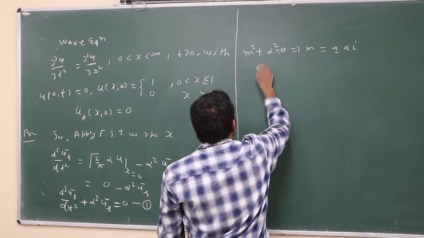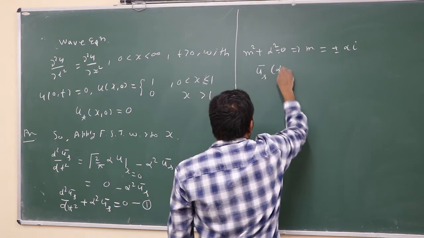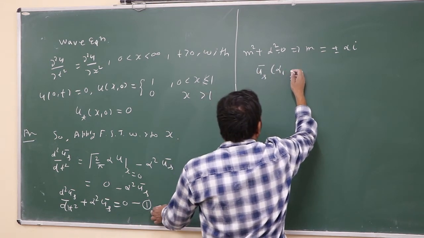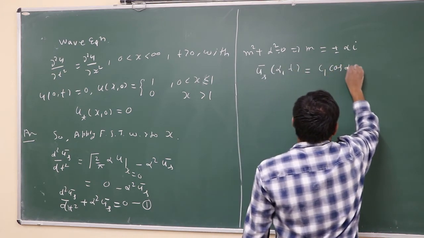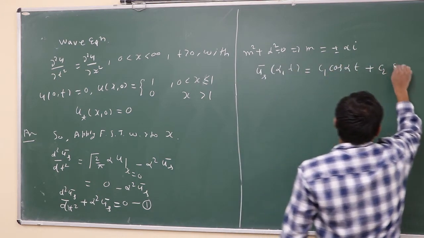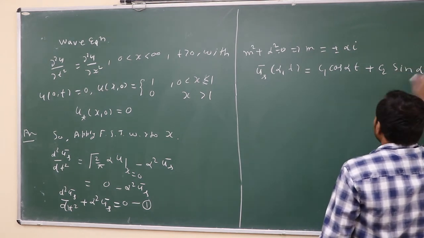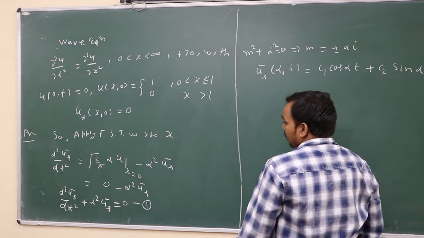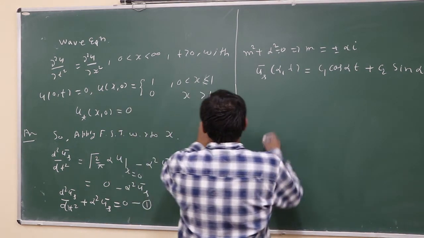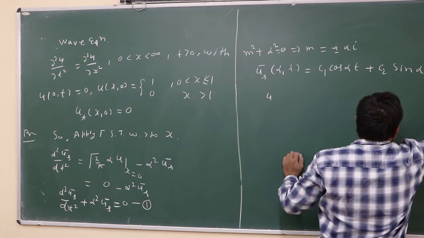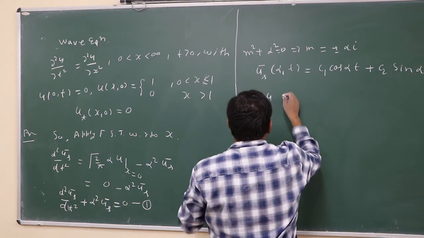So the solution of 1 is c1 cos alpha t plus c2 sin alpha t, call it 2.